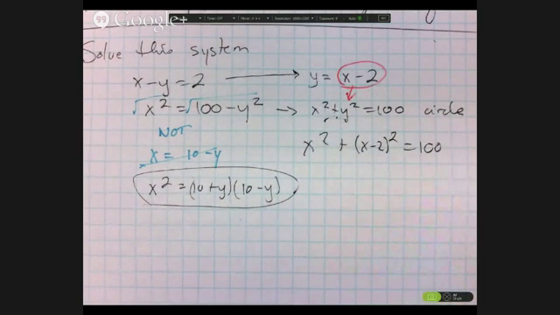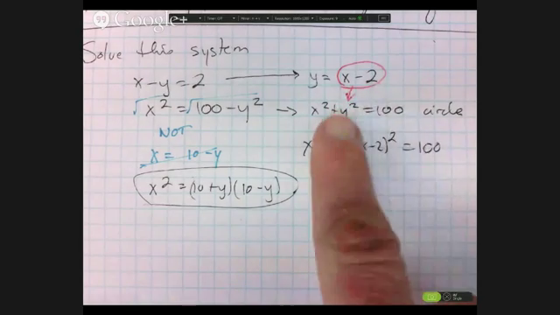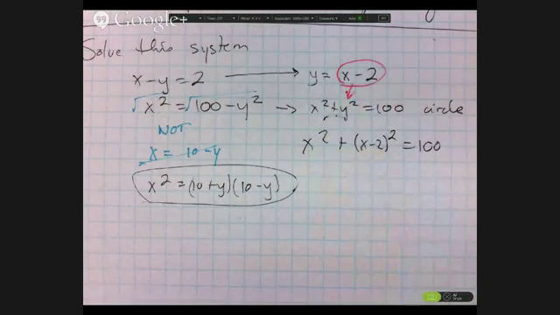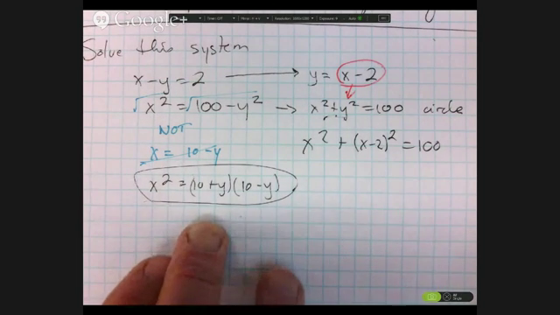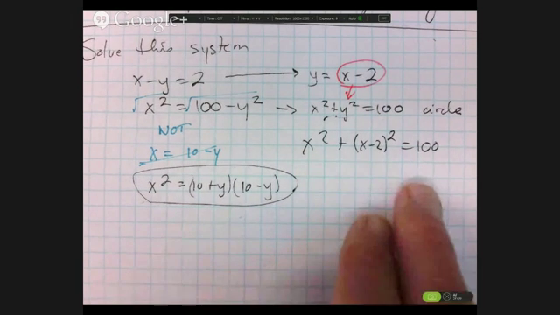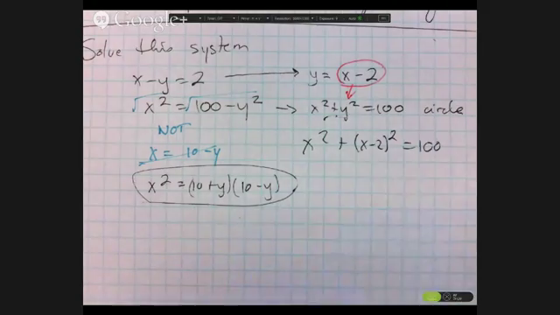So I have just substituted the x minus 2 in for y. Not a bad thought, it's just not a mathematically correct thought on the left. What do we do with this one next? Yep.